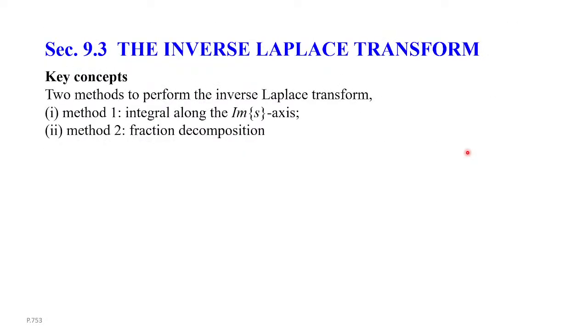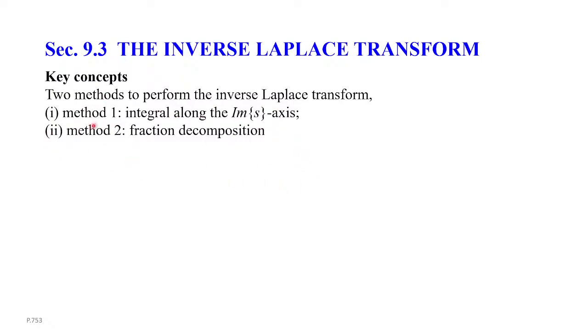So there are two methods to do inverse Laplace transform. One is brute force calculation, which we'll talk a little bit about, but we don't know how to actually do it. But it's very formal. One is basically you do the inverse Fourier transform using the relation we have been talking about, because you can think about Laplace transform as the Fourier transform of a signal times e to the minus sigma t.